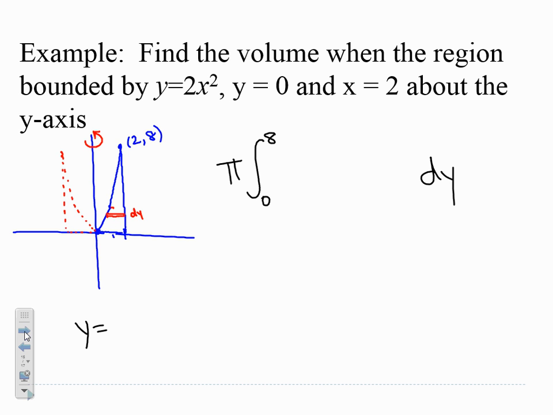So y equals 2x squared is the same thing as y over 2 equals x squared. Technically plus or minus the square root of y over 2, but we're working with the positive. So this piece right here is x equals positive radical y over 2.